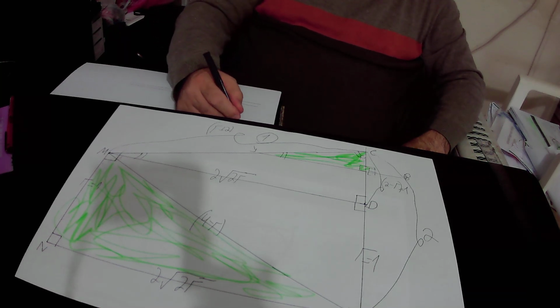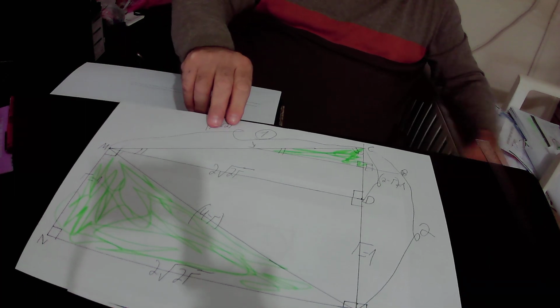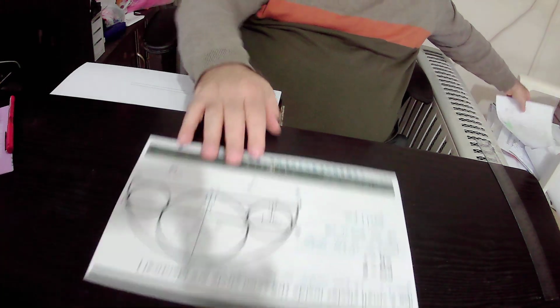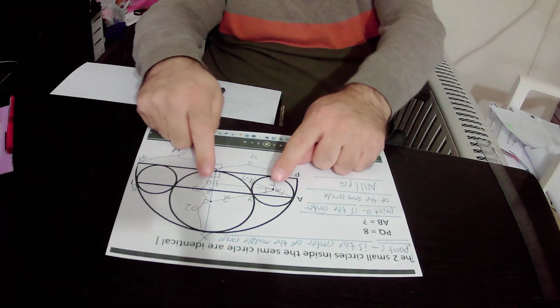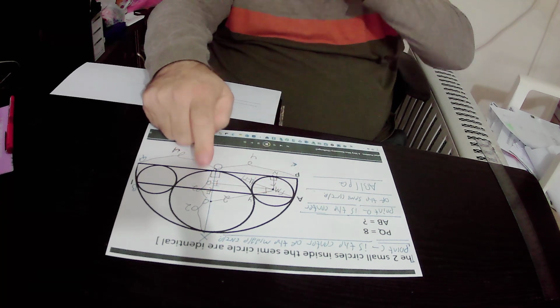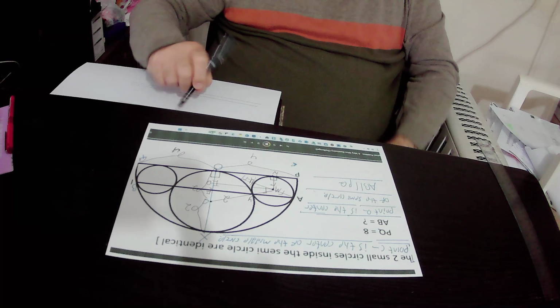So CE over CY, what is the value of CY? The value of CY actually equals 2 units. So CY equals 2 units and all equals CD.